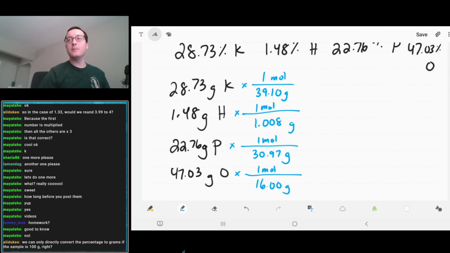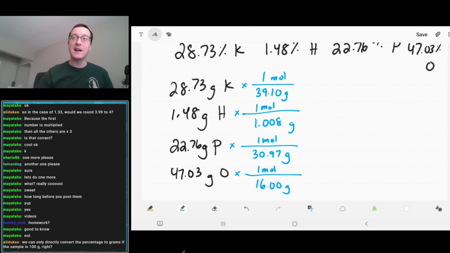Ollie, we are assuming it's 100 grams. It doesn't matter what you assume it is. You can assume it's 1 gram. You can assume it's 1,000 grams. As long as your percentages correspond to the number you choose, it'll work. So it's just easiest to assume 100. Because these are percentages, it really doesn't matter what mass you choose, because it'll be the same for whatever mass you choose.